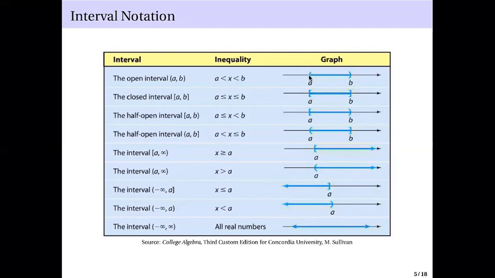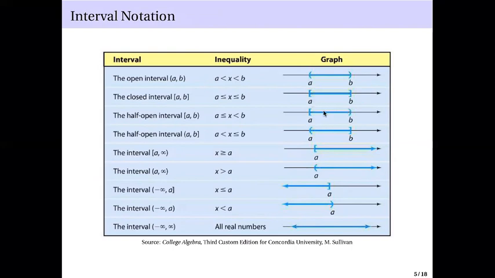The open parenthesis, the close parenthesis, and the blue line that coincides with the arrow mean that we are only talking about all the real numbers within this blue segment. If there's a parenthesis or a square bracket, we say whether it's included or not. Parenthesis, not included. Square brackets, included.